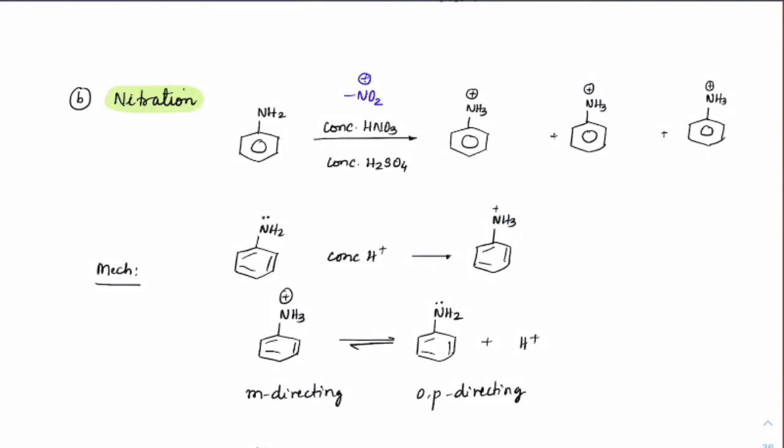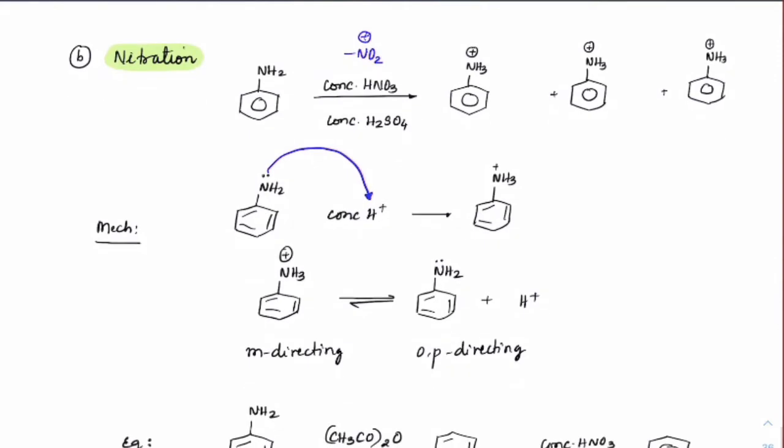The lone pair present on aniline will accept this proton and get protonated. This protonated aniline will be in equilibrium with aniline and H plus. Now on this system we are sending NO2 plus. So this is a highly deactivated ring while this is an activated ring, so NO2 plus can attack on both sides.